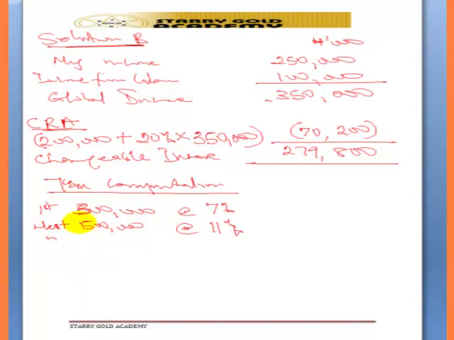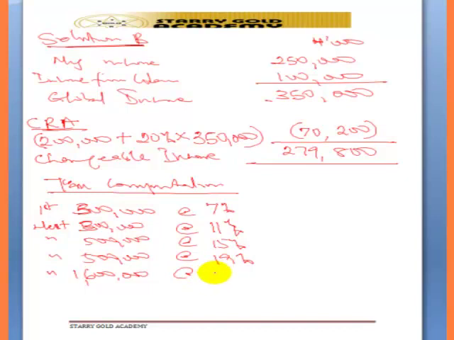Next 500,000 at 15%, next 500,000 at 19%. Next, 1,600,000 at 21%.